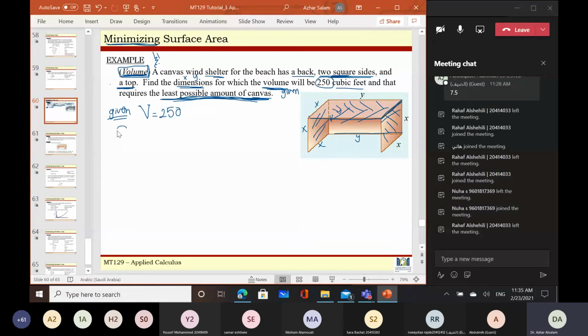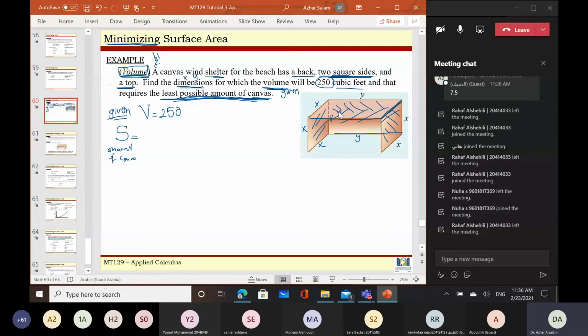So I will call it denoted by S. Okay, capital S. Surface area is the amount of canvas, or the surface area. I will now compute the surface area first to find the function.